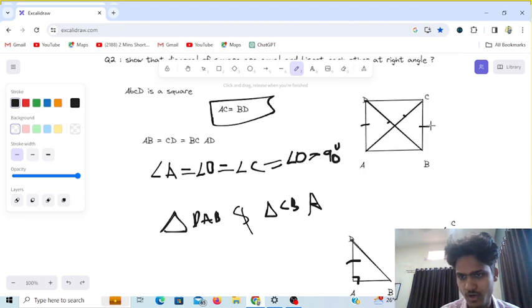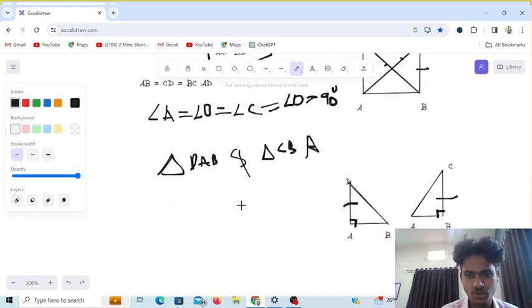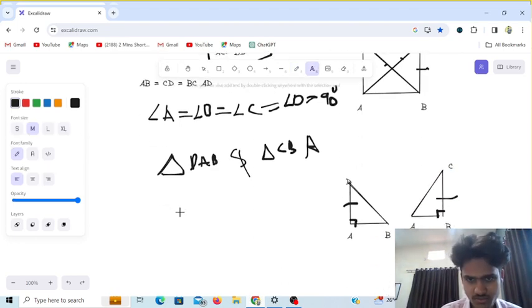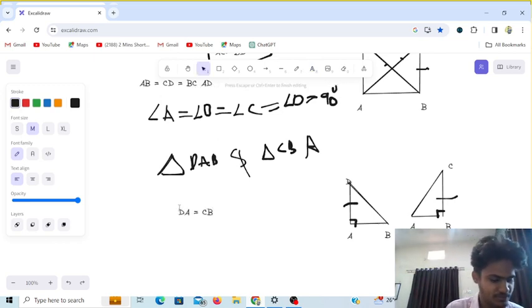This DA is equal to CB because in the square all sides are equal. Then from this we can write DA equal to CB, and in the bracket for reference we can write equal sides.